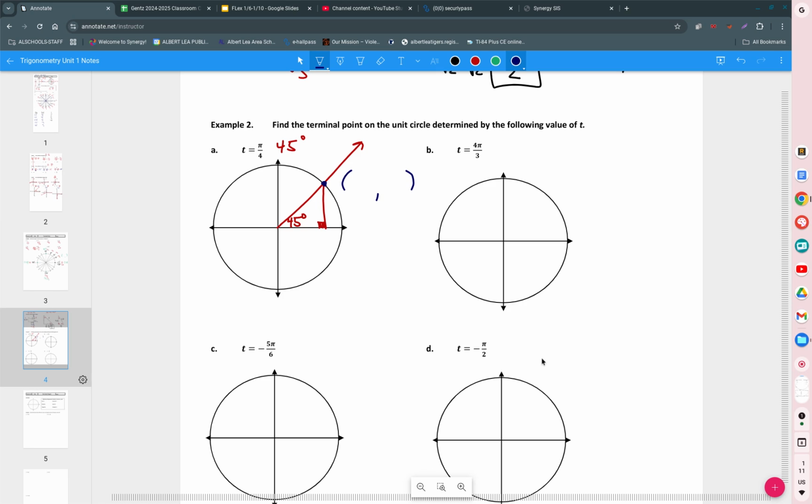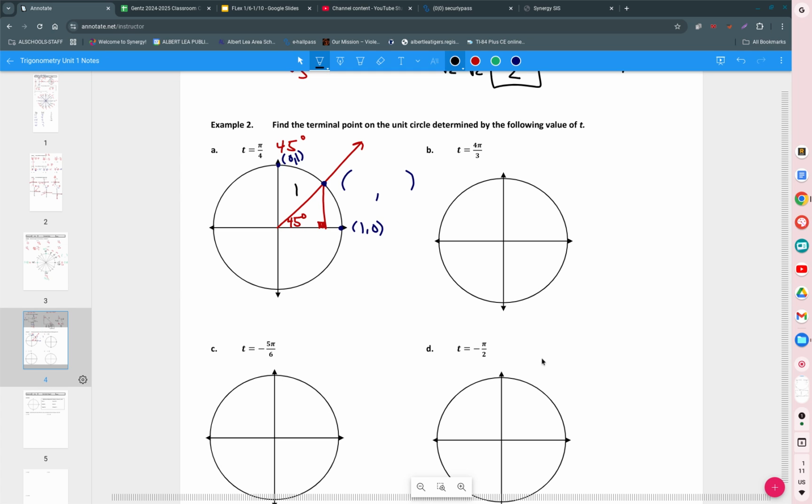Okay? And just so we all understand, again, this coordinate here is 1, 0, and this coordinate here is 0, 1. Okay, so we know those two. I don't know that one yet. Okay, so the first thing you just decide is this a 30, 60, 90, or is it a 45, 45, 90? Which one is it? 45, 45, 90. It will always be the case that the hypotenuse is 1, because we say that the radius is 1.